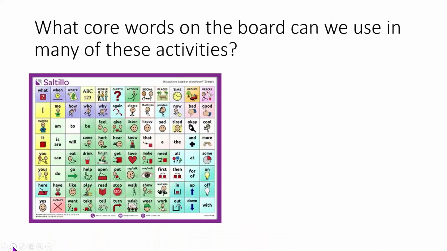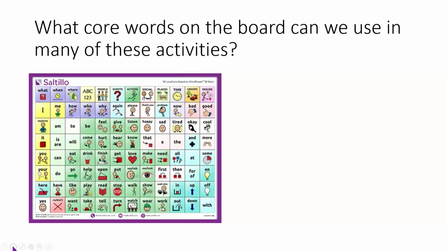Okay, so with these activities in mind, I want you to take out your LowTech board, or if you have a device like a NovaChat or TouchChat or even Chat Editor available, you can use that. Using WordPower 60 Basic, if you have a device, or if you have the LowTech board, this LowTech board is based on WordPower 60 Basic.